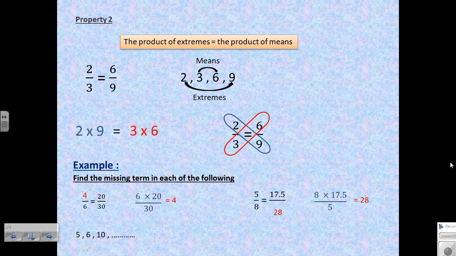C. x plus 2 over 6 equals 1 over 2. Find x. Okay, it's very easy, don't panic. x plus 2 equals 6 times 1 over 2. So x plus 2 equals 3, which means x equals 3 minus 2 equals 1.